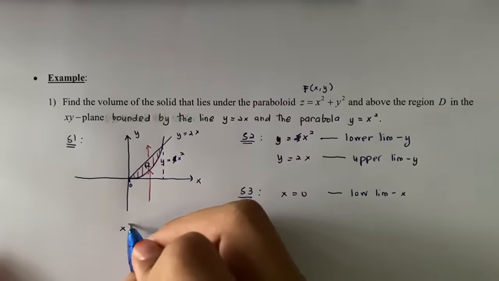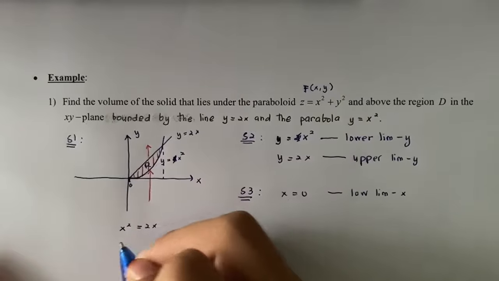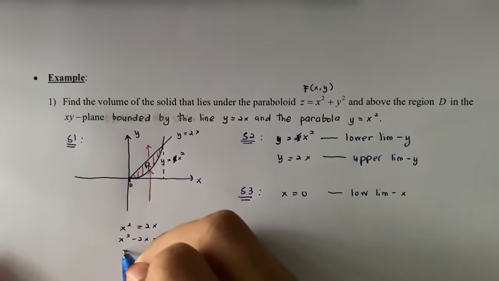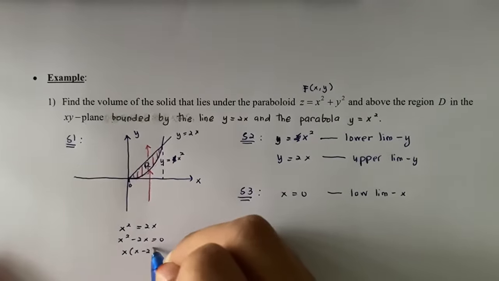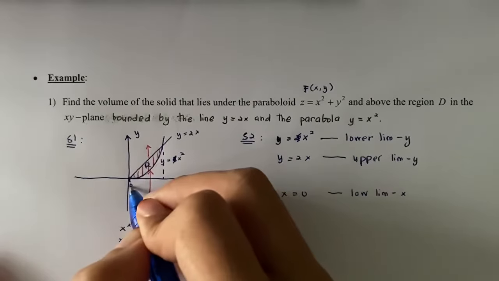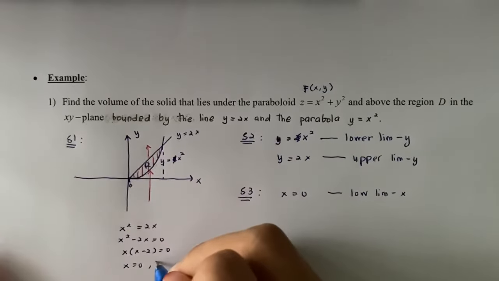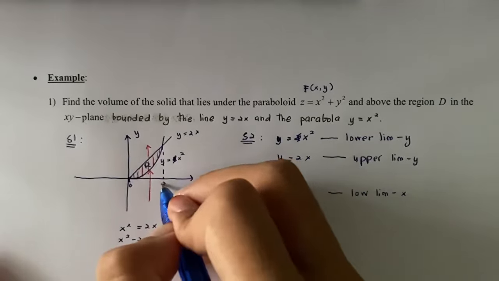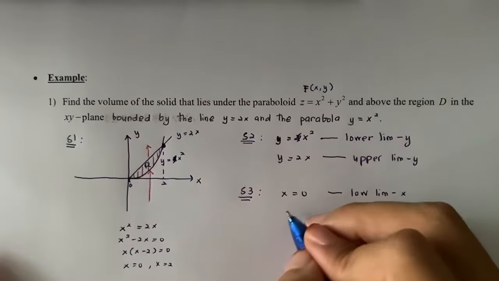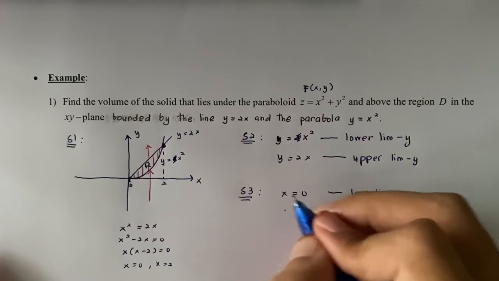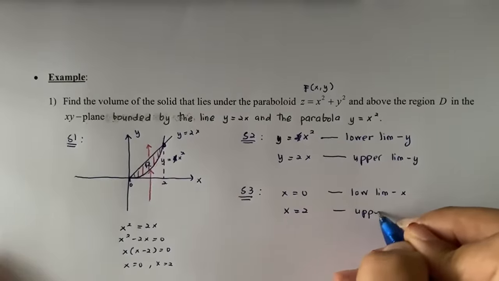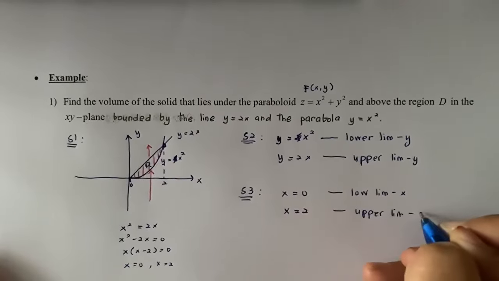So x square is equal to 2x, so x square minus 2x equal to 0, so x(x minus 2) equal to 0. So you have x equal to 0, which is this point, and x equal to 2. So the upper limit for x is equal to 2.